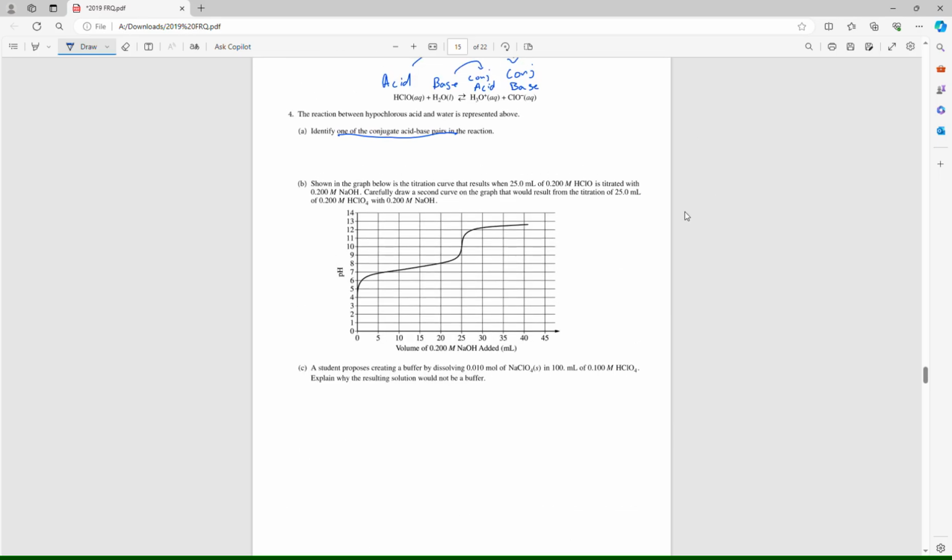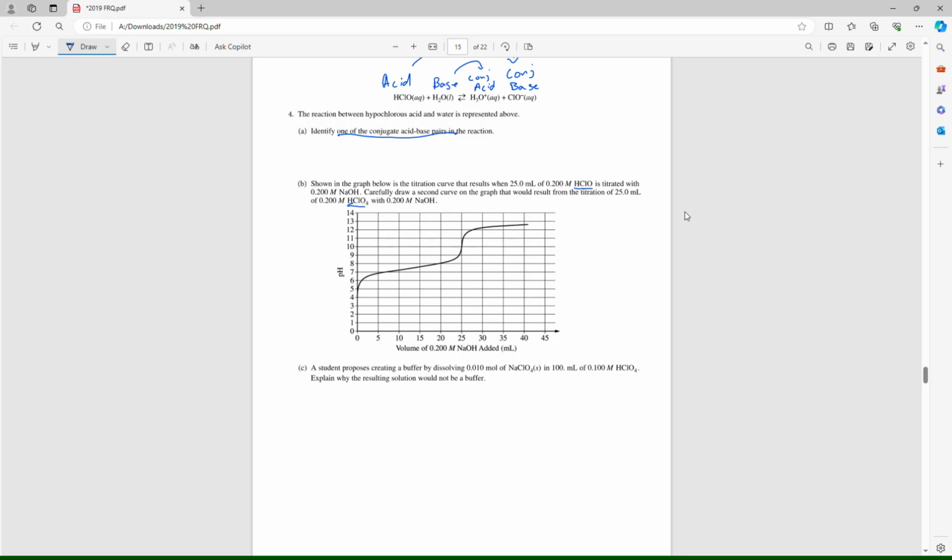All right, B. Shown in the graph below is the titration curve of HClO with NaOH. Carefully draw a second curve with the same volume, 25 milliliters, and the same molarity, 0.2 molar HClO4 with 0.2 molar NaOH. So HClO4 is a strong acid, and HClO is a weak acid.